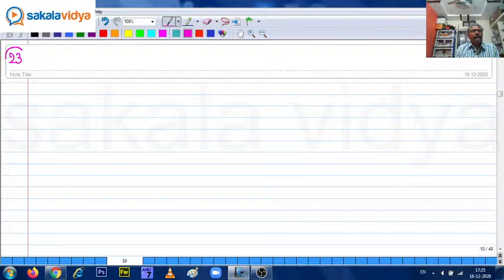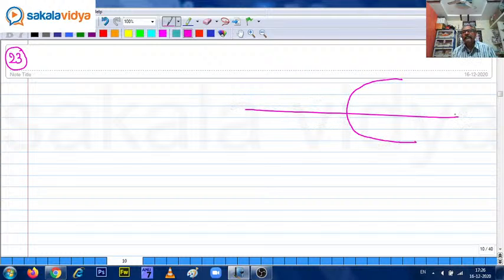So now let us draw the figure. This is the parabola. This is the x-axis, say y-axis. Origin is the vertex. Say focus S, this will be a comma 0.